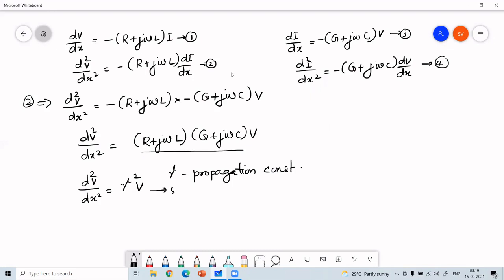This is equation number 5. This propagation constant can be written as alpha plus j beta, where alpha is known as the attenuation constant and beta is known as the phase shift constant.